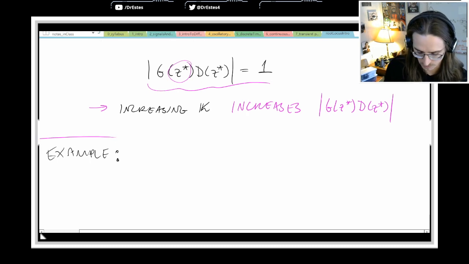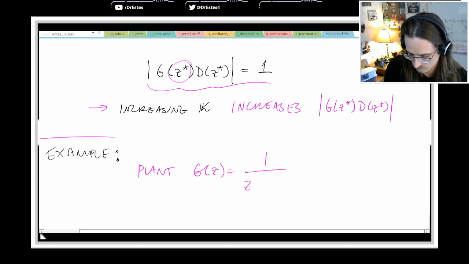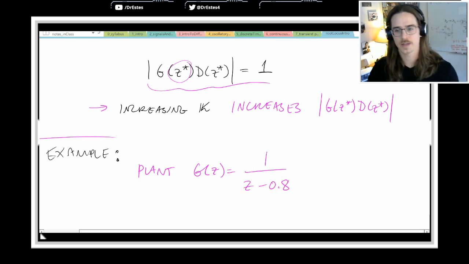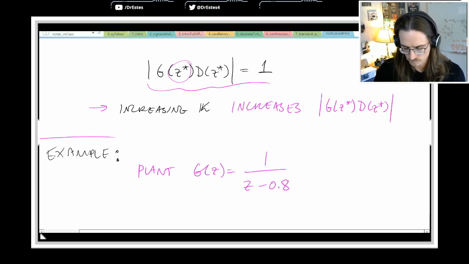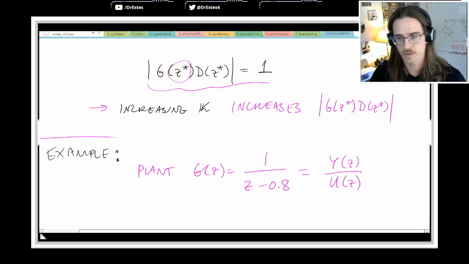Okay, here's our example. Let's say our plant that we want to control is just first order, and it's given by this simple transfer function. Remember, the plant transfer function relates the output y to the control input u.